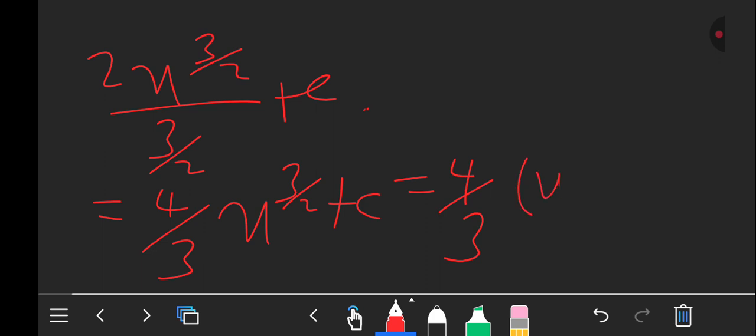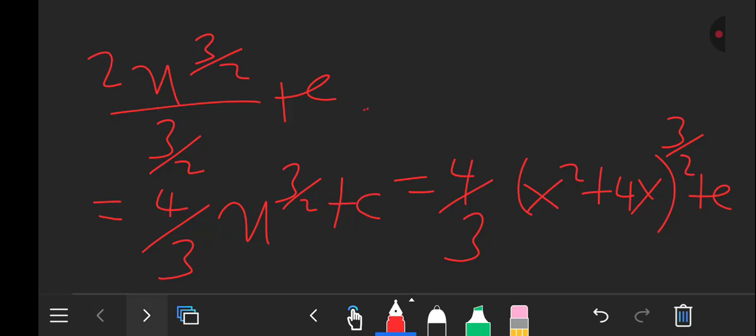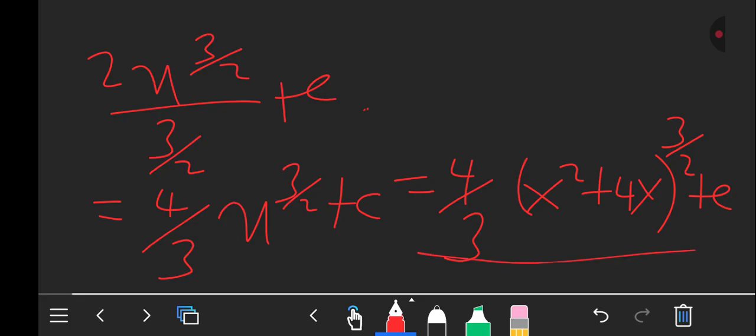So we bring it back: 4 over 3 times (x squared plus 4x) to the power 3 over 2 plus c, the arbitrary constant. Okay, that is what we have. So this is our final answer.